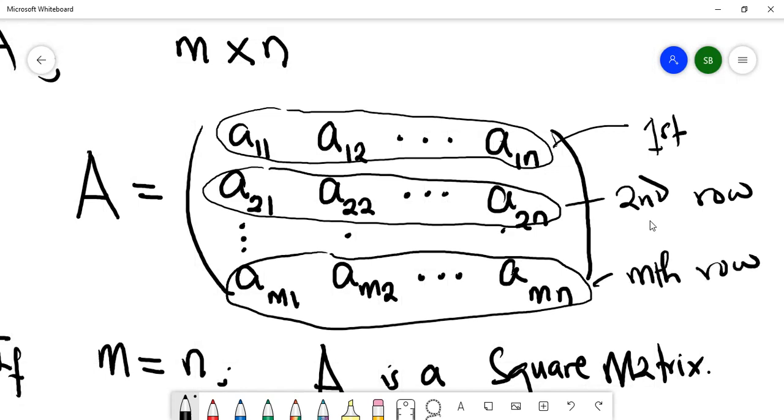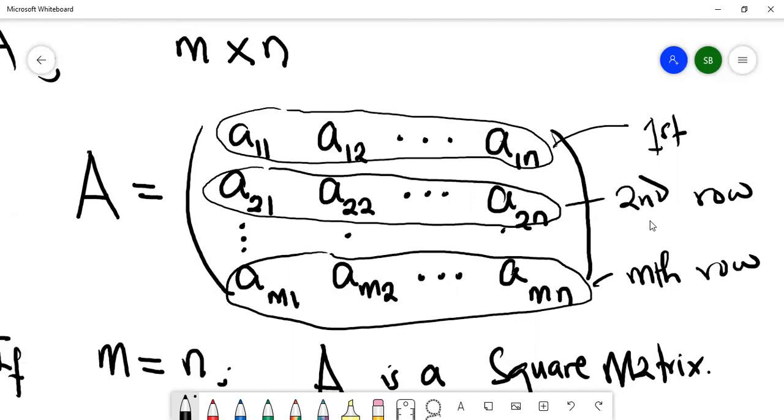Now, the definition for the rank of this matrix A says you are to look at linearly independent row vectors. That is, linearly independent rows. So the number of linearly independent rows in this case will give the rank of the matrix.